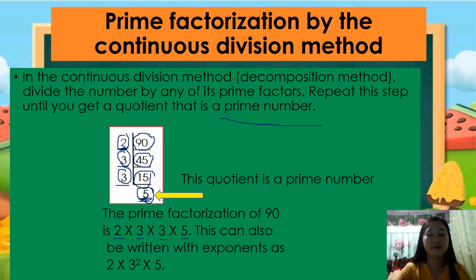These are now the prime factors of 90. This can also be written with an exponent as 2 times 3 to the second power times 5. This one, the 2, is the exponent.